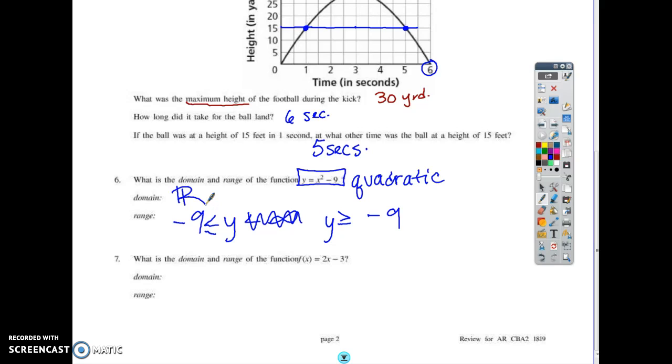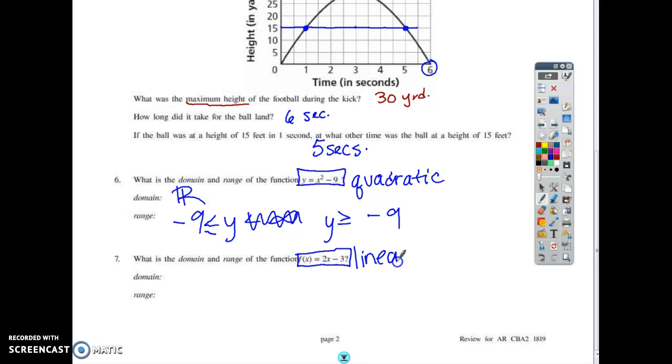Okay? So then let's talk about number 7. This is f of x equals 2x minus 9. Okay? Was it linear or quadratic? It was linear. Okay? Right, you are smart.